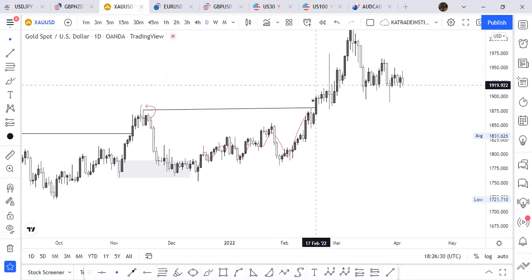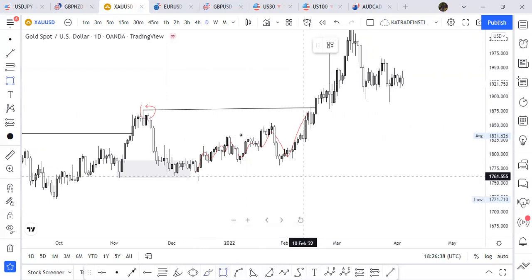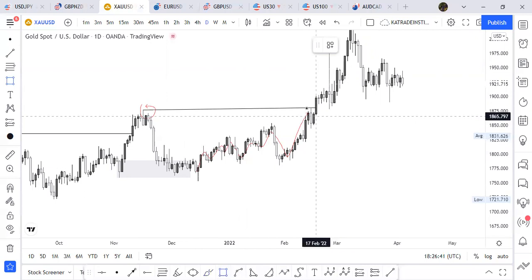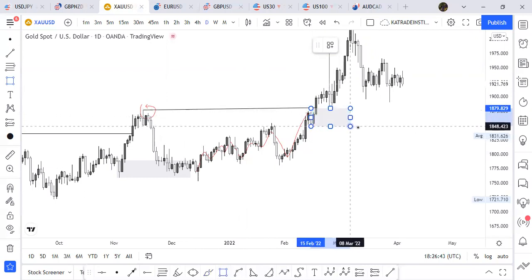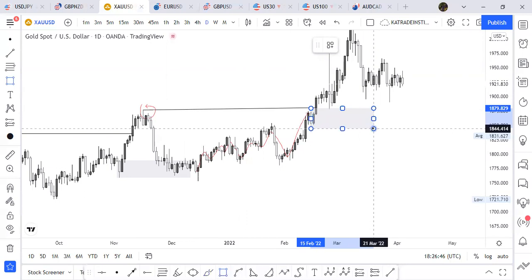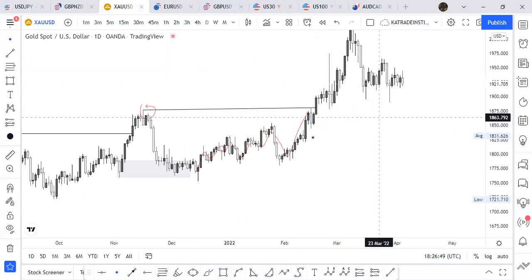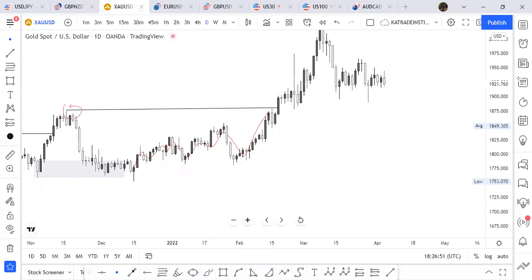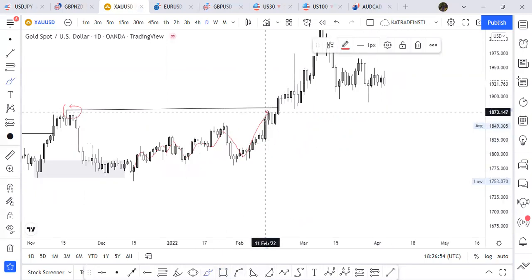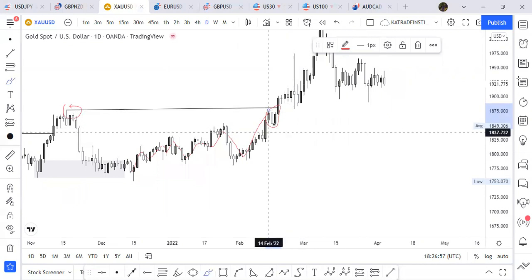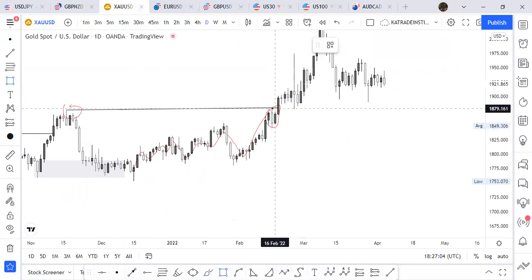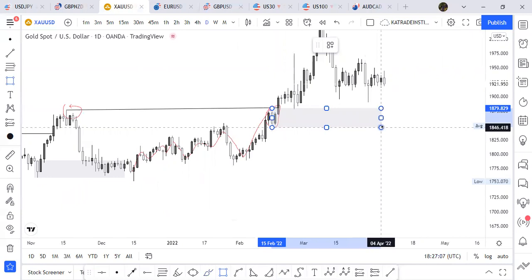Where did that breakout originate from? We can see that the last bearish candlestick will serve as our originating point, because if you look at this page, you can clearly see that this candlestick gave us a breakout, a body close above this line. So we consider that price as our strong low or a demand level.